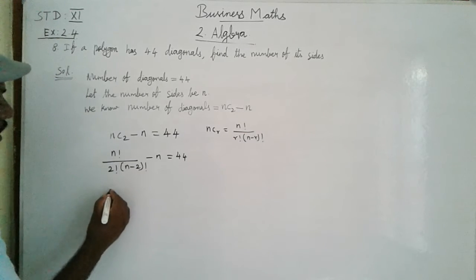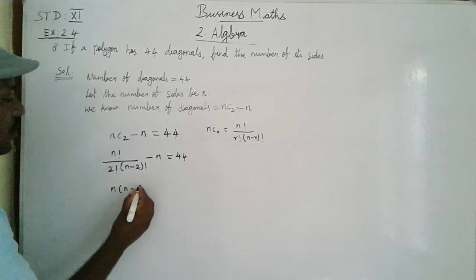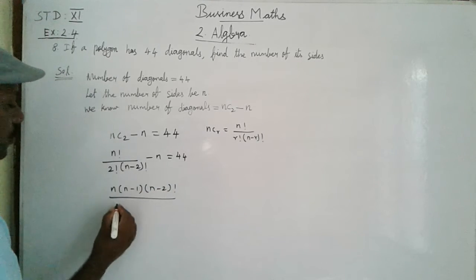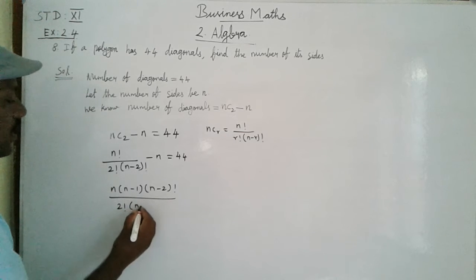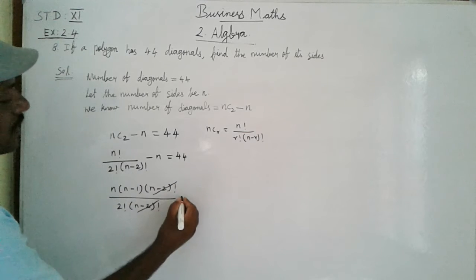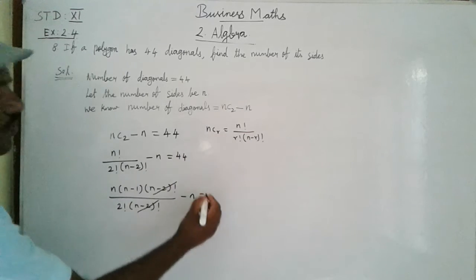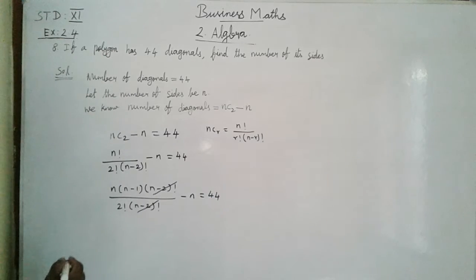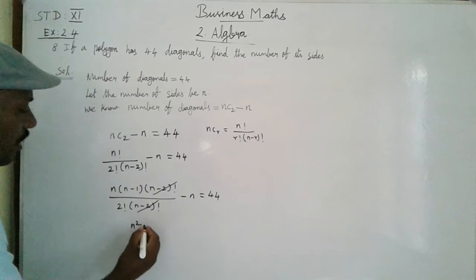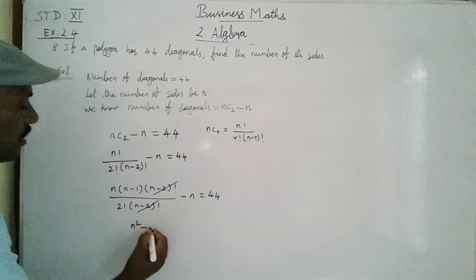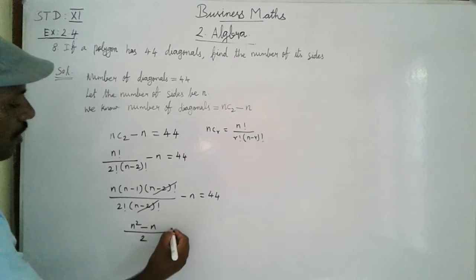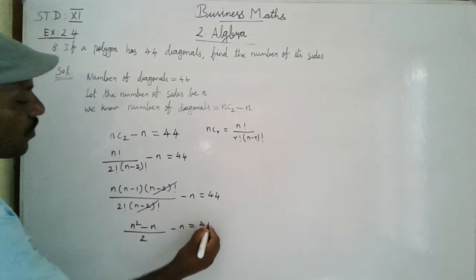Now n factorial we write as n into n minus 1 into n minus 2 factorial, divided by 2 factorial into n minus 2 factorial. The n minus 2 factorial cancels, minus n equals 44. So n into n minus 1 is n square minus n, divided by 2 factorial, which is 2, minus n equals 44.